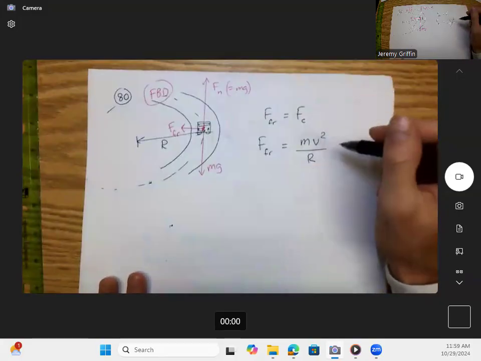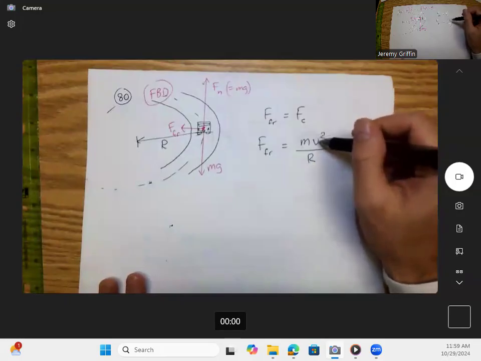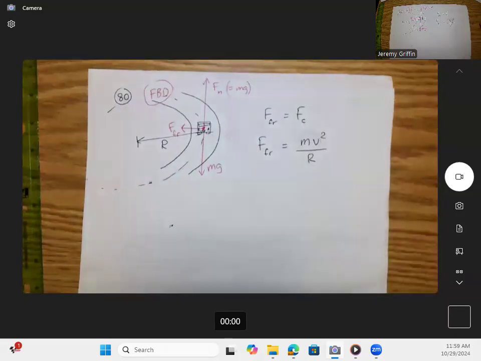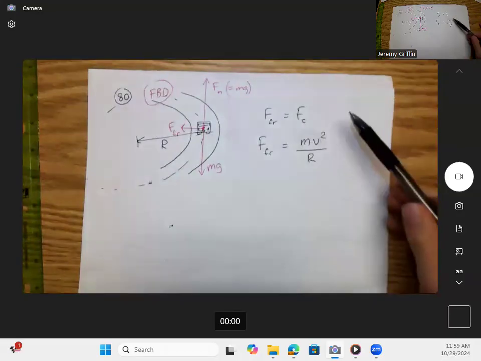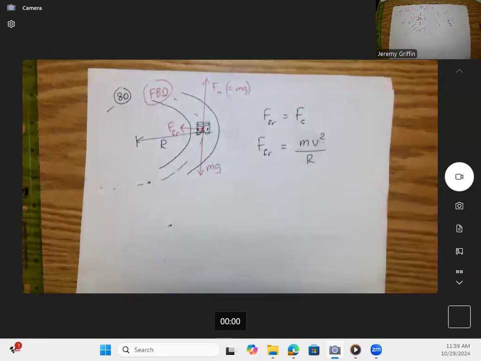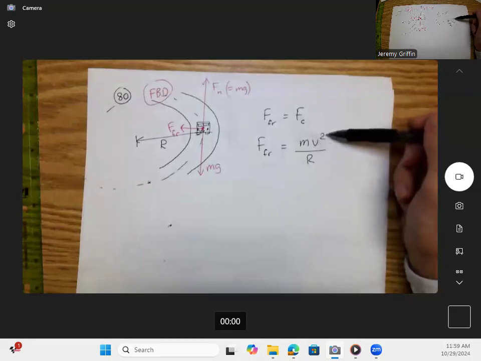Now, they said, what if the car has double the speed? How many times the friction do you need? I think you can see it right here. I bet some of you guys already know the answer. Guys, if you have twice the v, how many times the friction is that going to be? 4 times. Because if you throw in a factor of 2 on this v, it's also going to get squared. 2 squared is 4 times the friction.